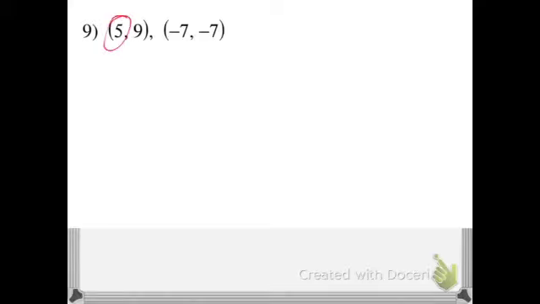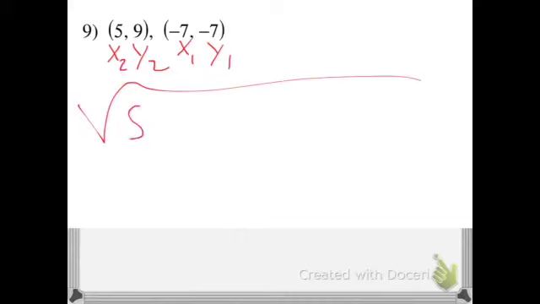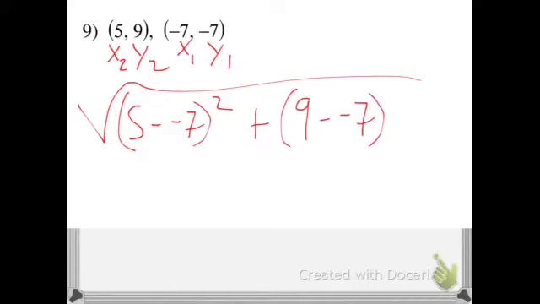9. Again, the positive number is bigger than any negative numbers, so that's going to be x2, y2, x1, y1, and we're going to use that in our equation. So 5 minus -7 squared plus 9 minus -7 squared. 5 minus -7 is 12, square that, you're going to get 144. 9 minus -7 is 16, and you need to square that.